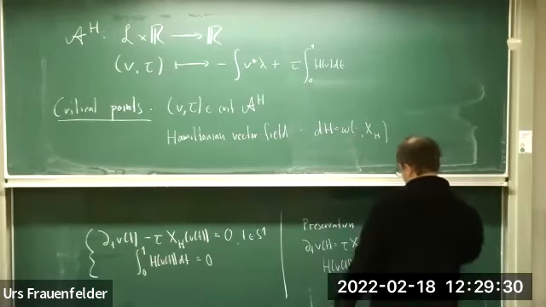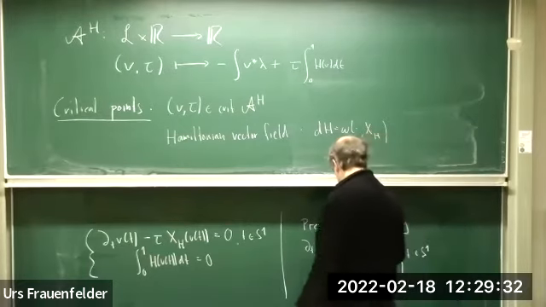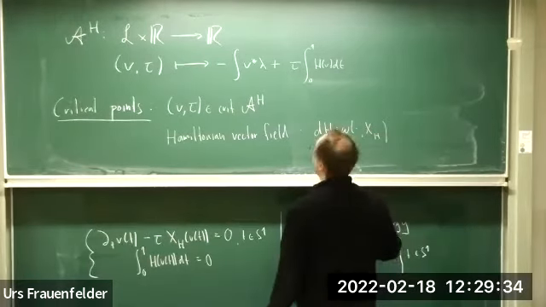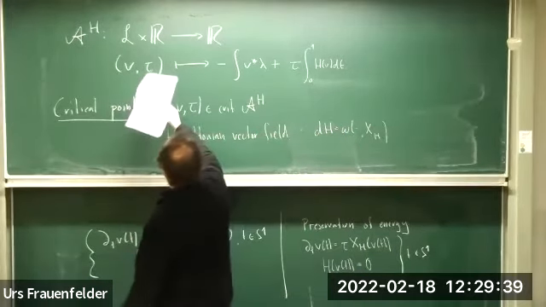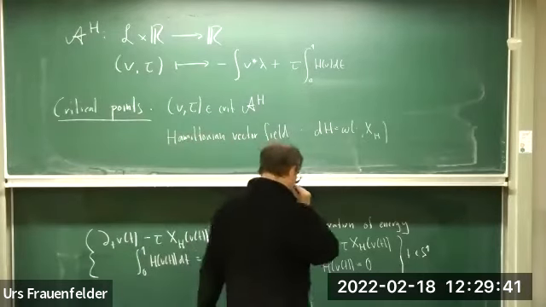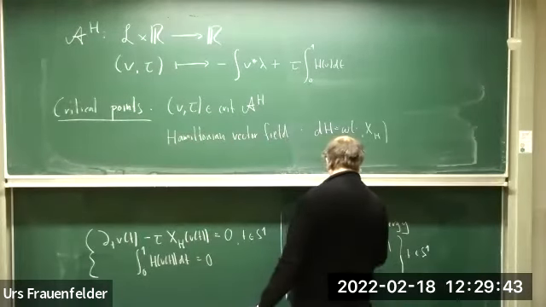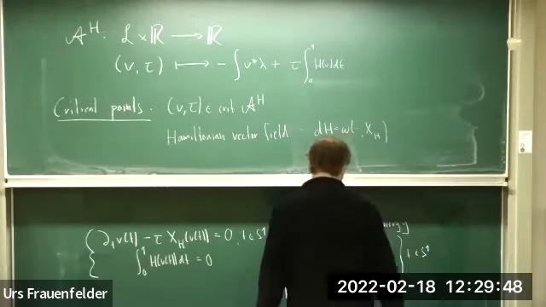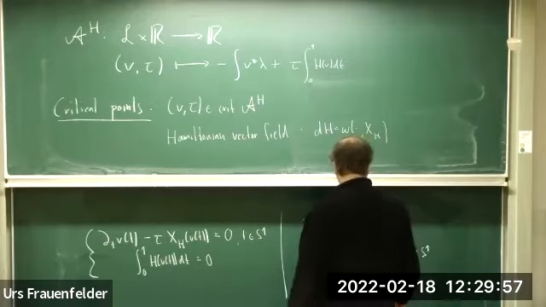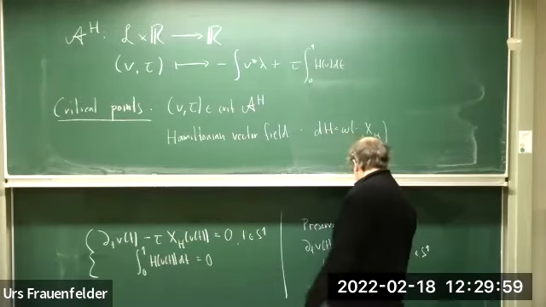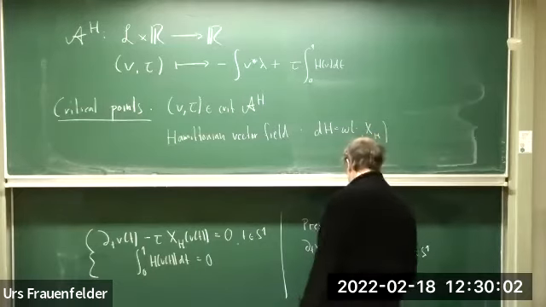So what these critical points are, they are on the loop space. We parameterize the loop from 0 to 1, but here we have the τ. And now if τ is positive, you can think of this as the period of the periodic orbit. So it's a periodic orbit of prescribed energy, but the period is arbitrary, can be arbitrarily large.